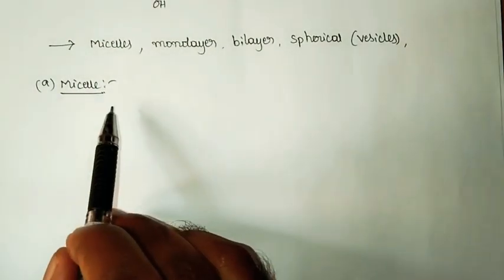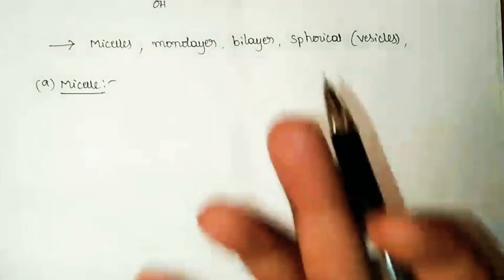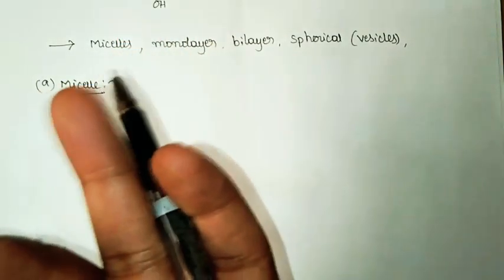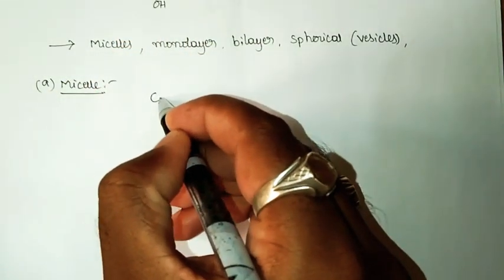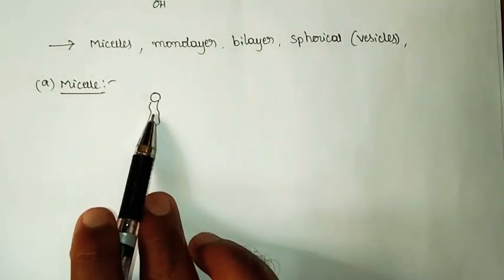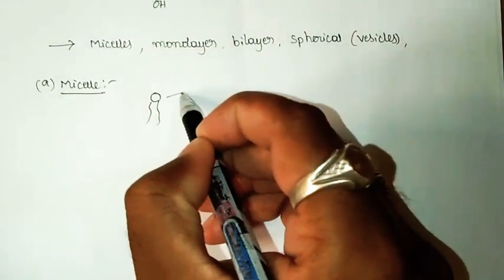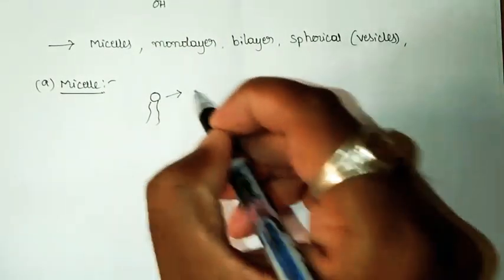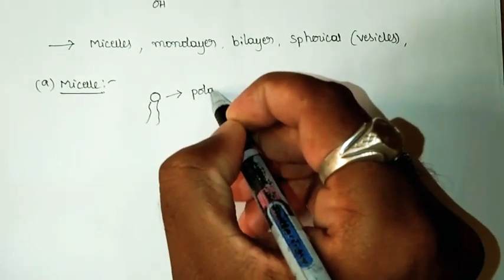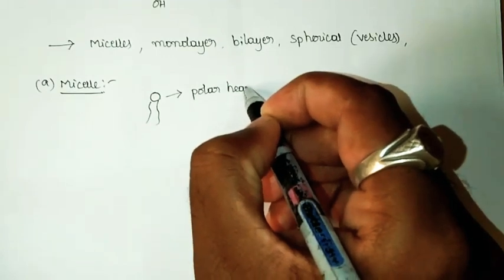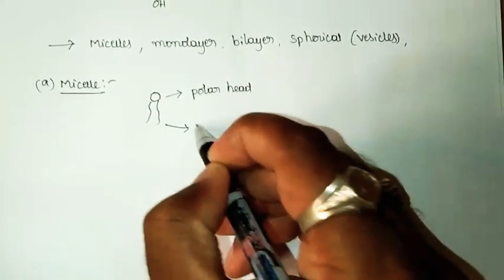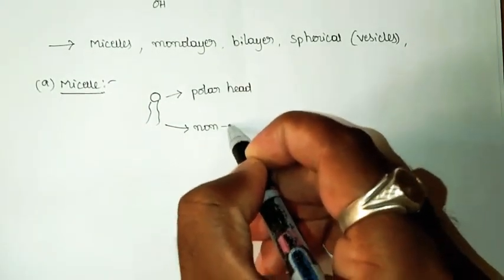Micelles, simply, let me write in this way. Let us consider a simple phospholipid molecule, and in this phospholipid molecule, this is the polar head and this is the non-polar tail.